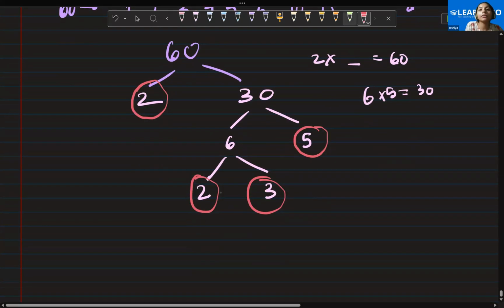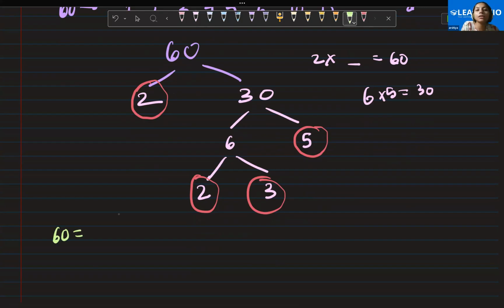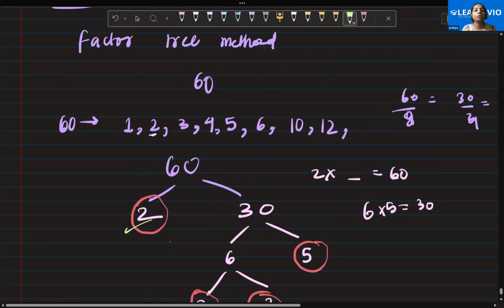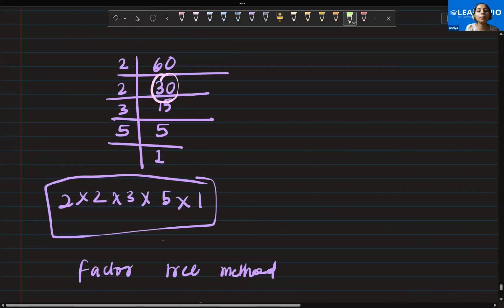So now at the end, I can write that 60 is equal to, what are the numbers that we have circled? 2 multiplied by 2. There's no need to write them in order. I'm just writing all the 2's together, then times 3 multiplied by 5. Okay, and you'll see that this answer, 2 multiplied by 2 times 3 times 5, is same as here.